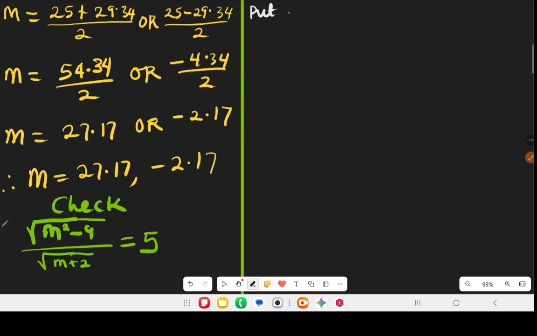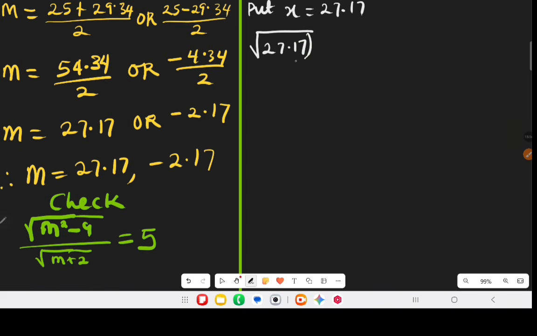Put m equal to 27.17 in the original equation. We have the root of 27.17 all squared minus 9 all over the root of 27.17 plus 2.